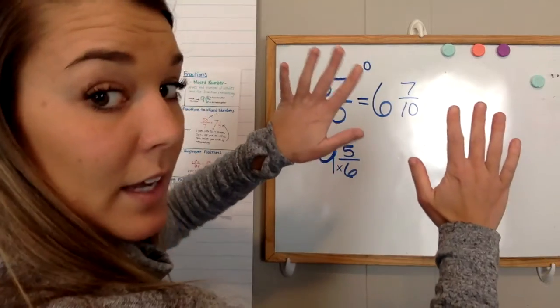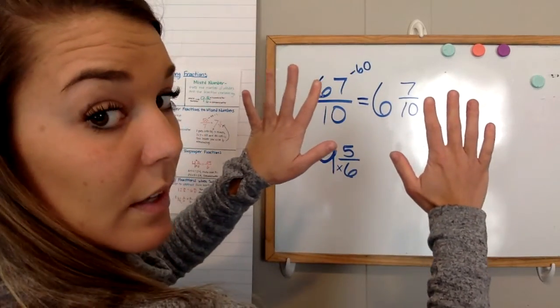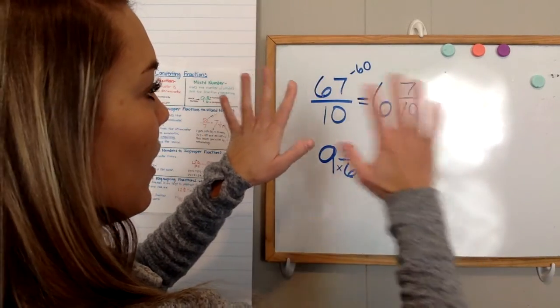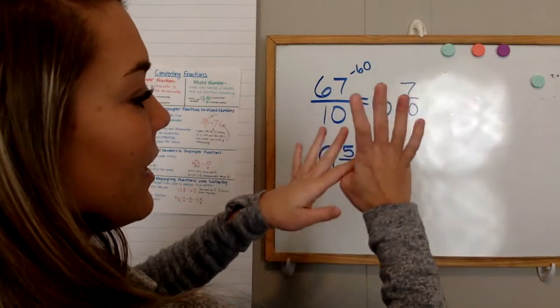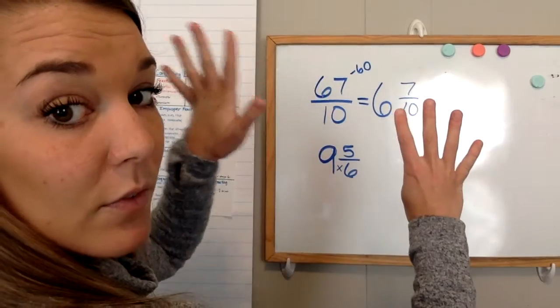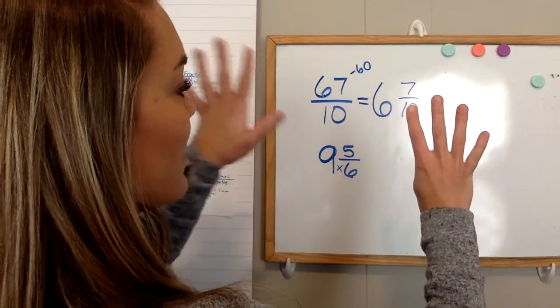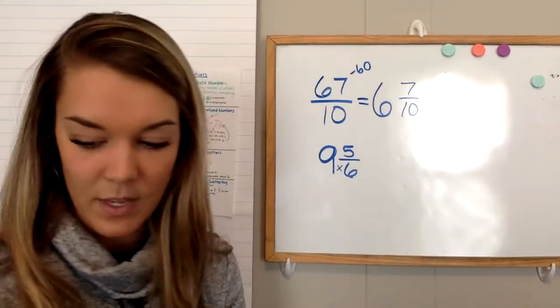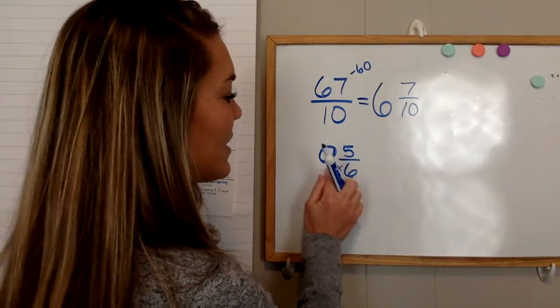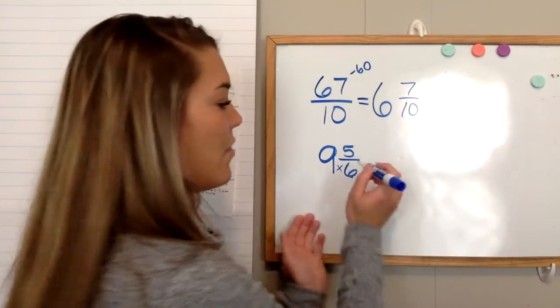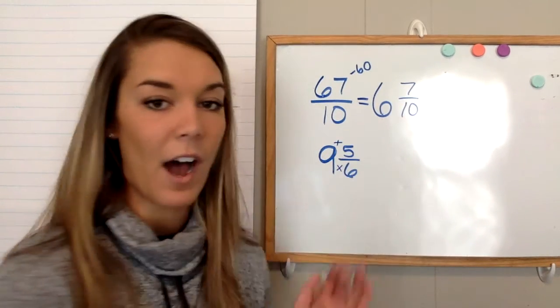If I wanted to use my hands to do 6 times 9, I would put down my 6th finger, 1, 2, 3, 4, 5, 6. What do I have? 5 tens and 4 ones. 54, okay? So 6 times 9 is 54. Then I add the 5.